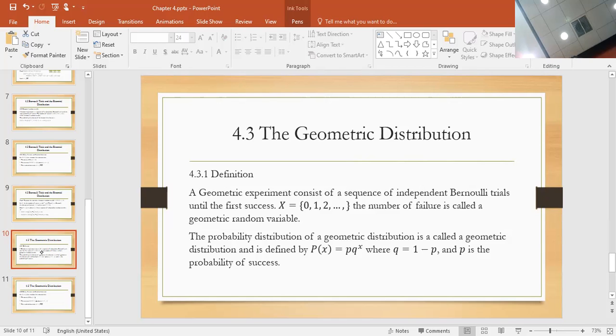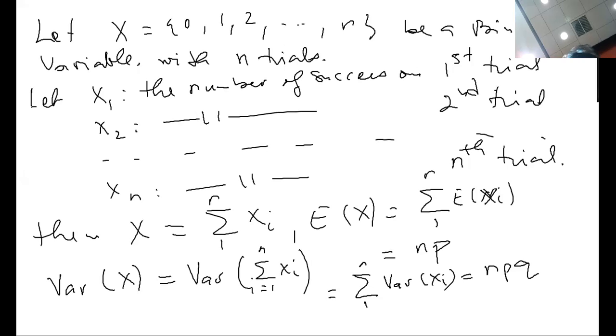So the probability distribution, I will move from here to explain. X takes values 0, 1, 2, and we can go to infinity.